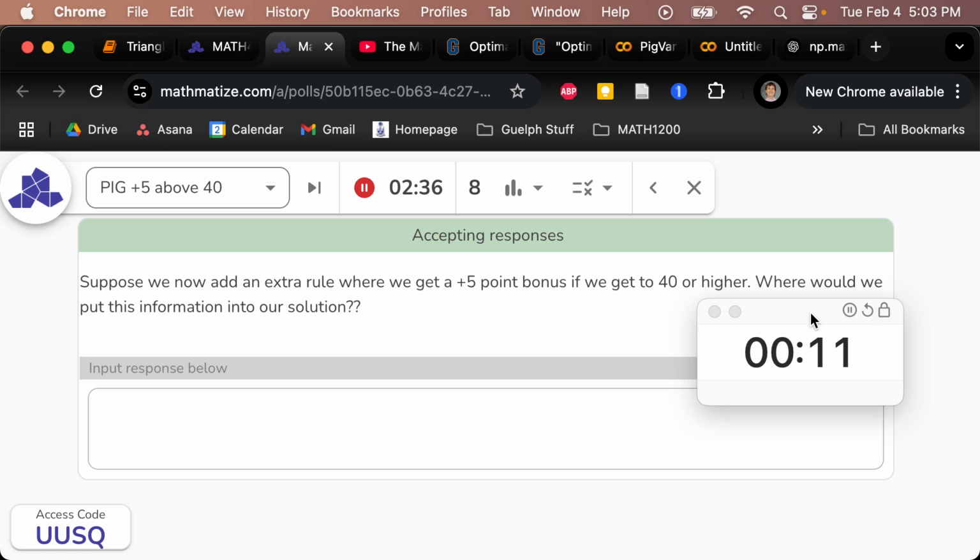Okay, 10 seconds left. Put in your guesses or how you're thinking about this. I think there's more than one way to do this.